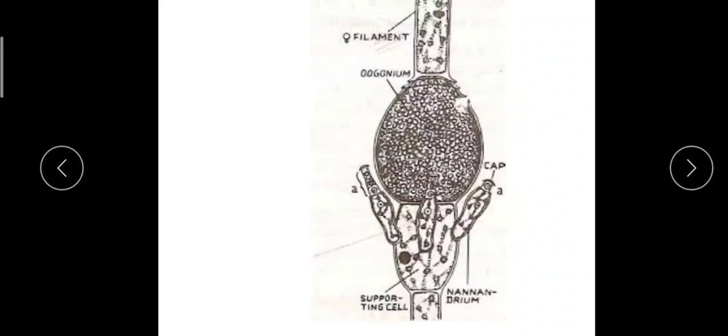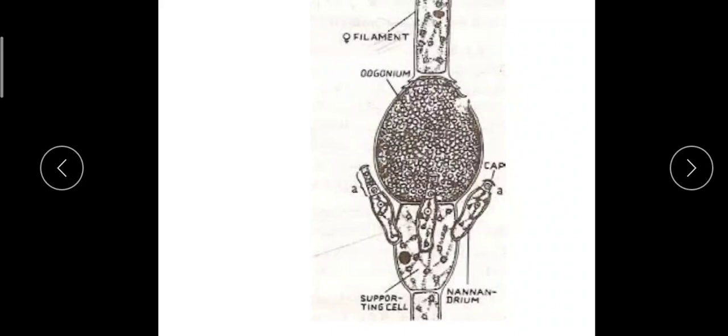And nanandrous species are again of two types: gynandrosporous, where the oogonium and androsporangium are borne on the same filament, and idioandrosporous, where oogonium and androsporangium are borne on separate filaments.